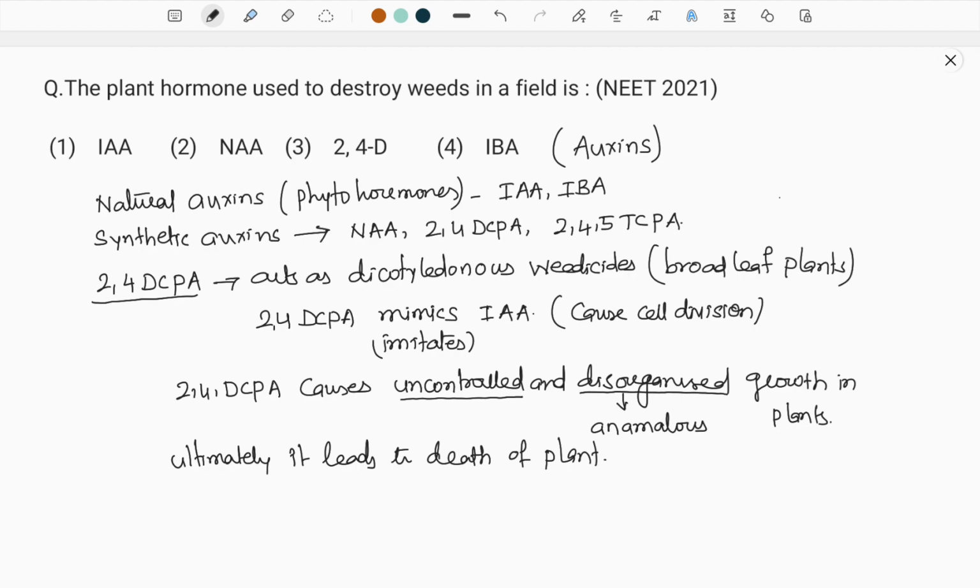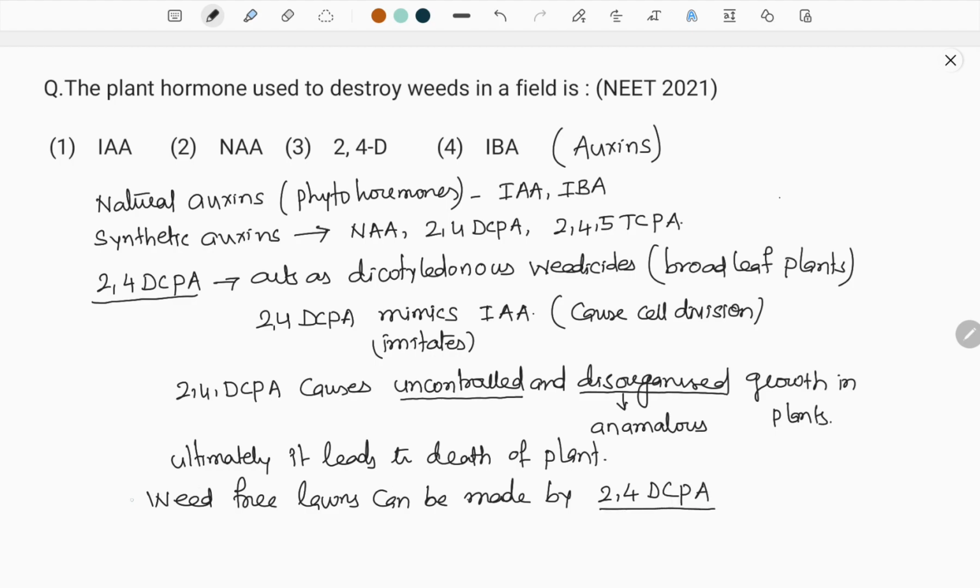Then one may ask how 2,4-D is helpful by killing the dicots. We know that lawns are made of grass. Grass means monocots, Poaceae members. So in a lawn, if any dicot grows here and there, those dicot plants can be killed by 2,4-D. So weed-free lawns can be made by 2,4-dichlorophenoxyacetic acid.